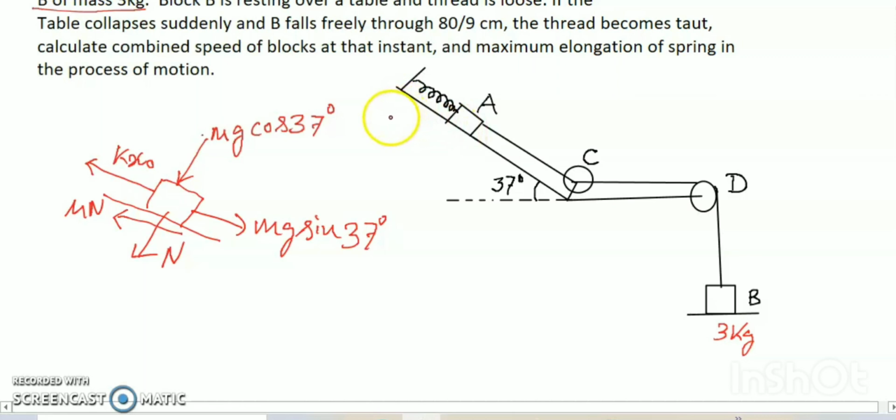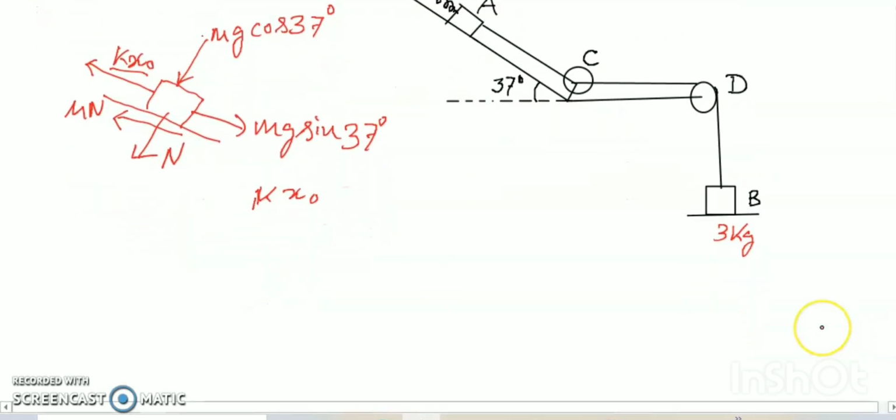Friction is in the opposite direction, that's why. And this is the spring force. We know the spring force is kx0, where k is the spring constant and x0 is the elongation. This is my free body diagram.